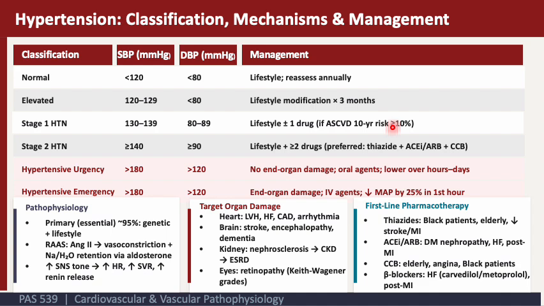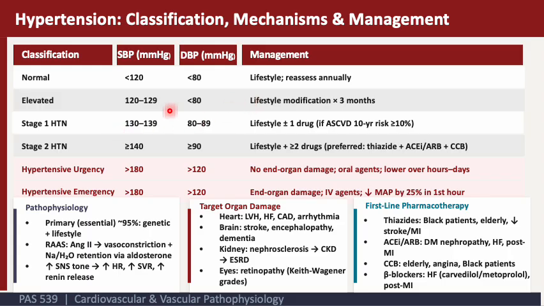So stage 1 hypertension would be 130 to 139, diastolic between 80 and 89. This would be lifestyle changes plus or minus one drug.